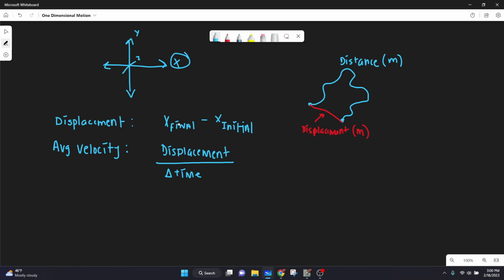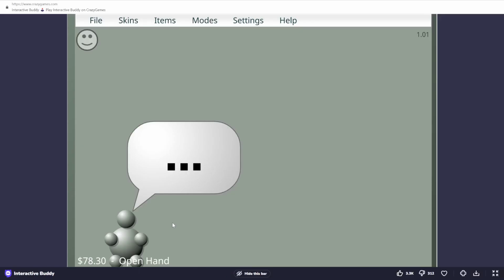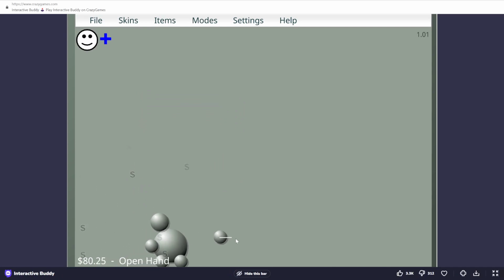And so you would plug in x final minus x initial in the numerator, and final time minus the initial time. And so we could go back to our interactive buddy, and we could say that I moved him just like this for 4 seconds, and then he stops. Okay.